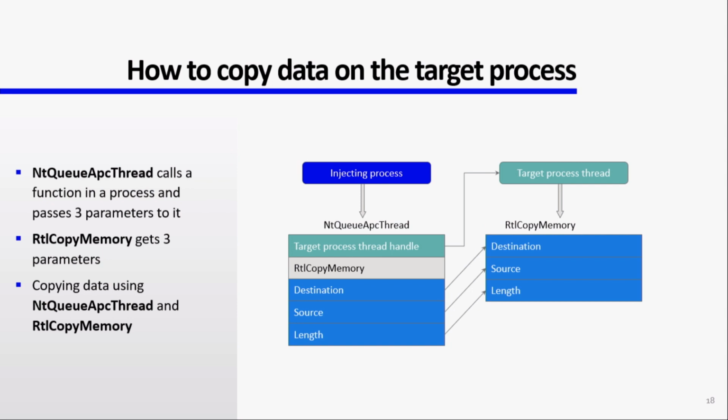Give it destination, source, and length. Then the target process is going to execute RtlCopyMemory. Now the destination is going to be the return address of our dummy stack. The source is going to be the address of RtlExitUserThread in our version of kernel32 IAT, and the length is going to be 8 bytes, which is the size of a pointer in x64.